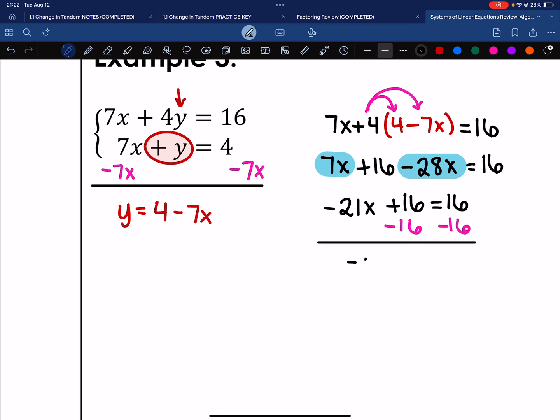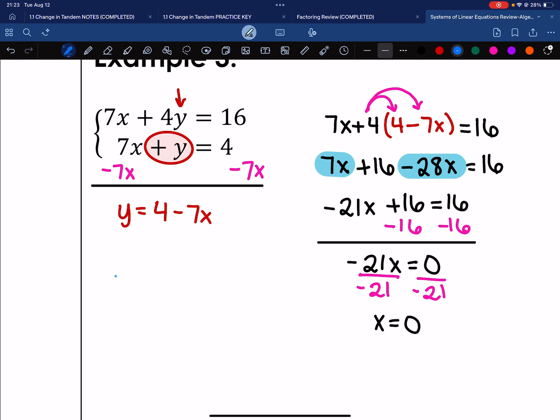That gives us negative 21x equal to 0, which can happen. 0 is a number. From here, we divide both sides by negative 21. And 0 divided by negative 21 is just 0. So now we found our x value. We plug it back in to find our y value.